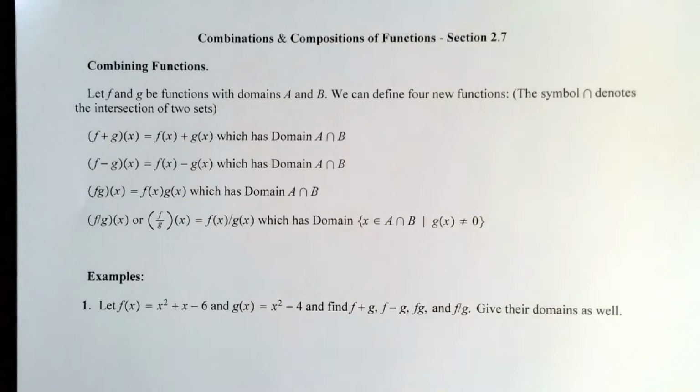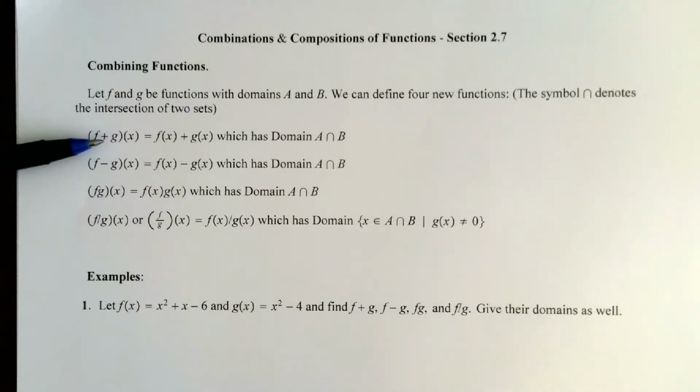The first one is right here, and it's the function f plus g of x. And that's what we call it. Now, notice in the parentheses here, this is the name of the function. You might say, well, just adding, what's the big deal? Well, remember, the function is a rule or set of instructions. It's a relation that assigns each value in the domain to exactly one value.